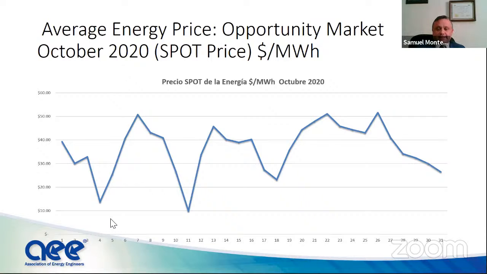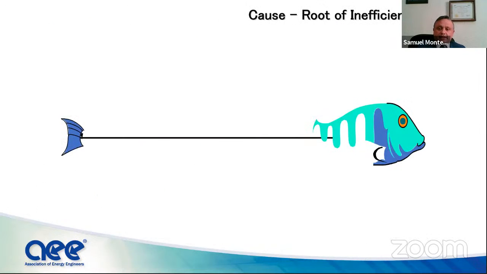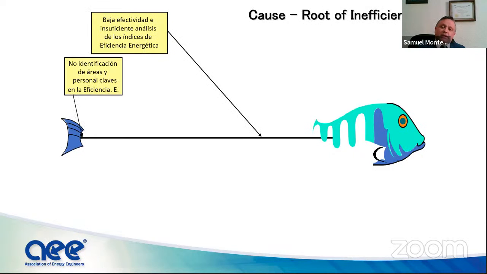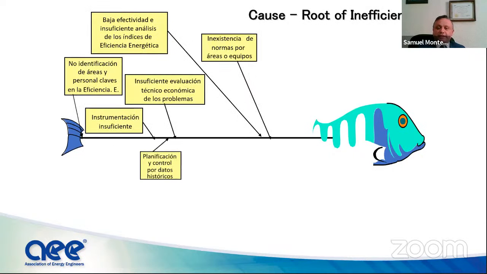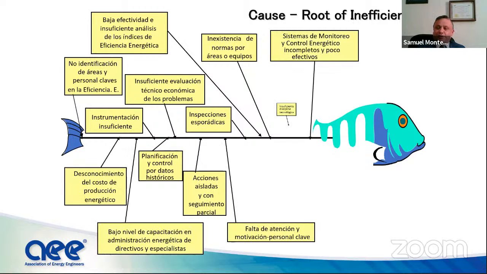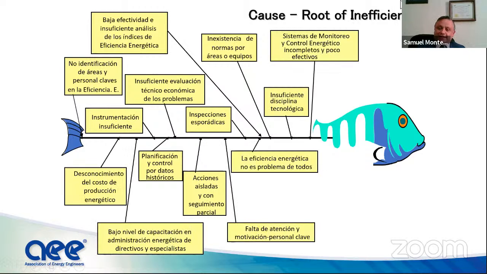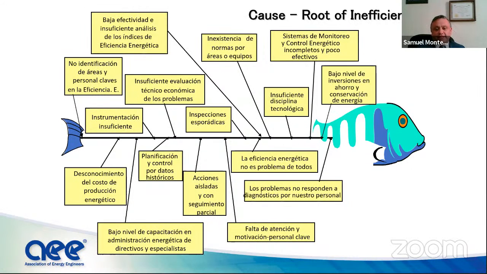If you look, the energy is cheaper in my country, no more than $50 per megawatt hour. Okay, this is Ishikawa. If you look, all the places, you look at the cause of inefficiency.